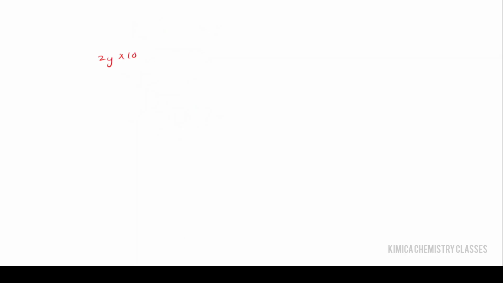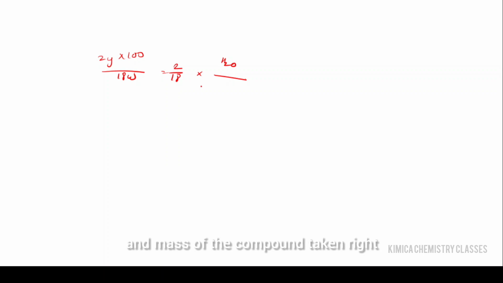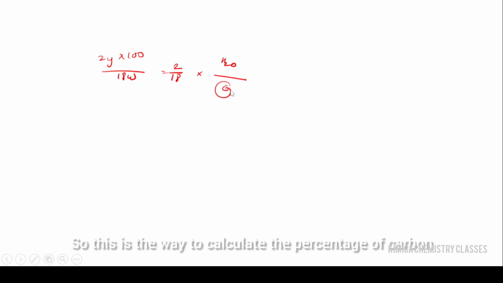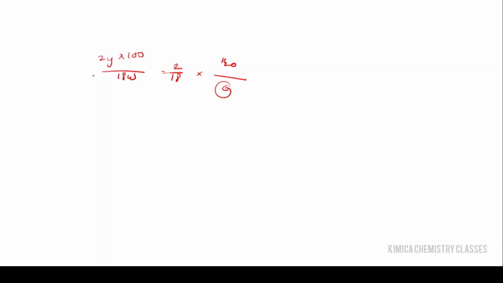So the percentage of carbon in the compound is 12x/44 × 100/W, where x is the mass of carbon dioxide and W the mass of the compound taken. So this is the way to calculate the percentage of carbon, and the percentage of hydrogen is similar.